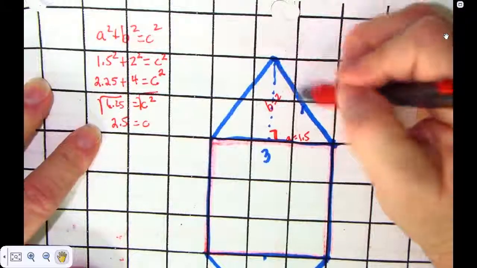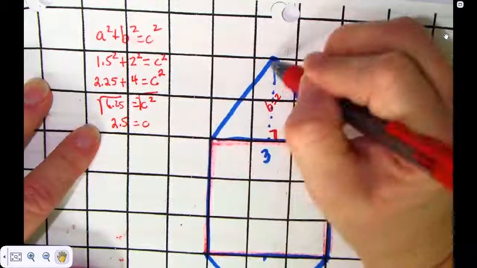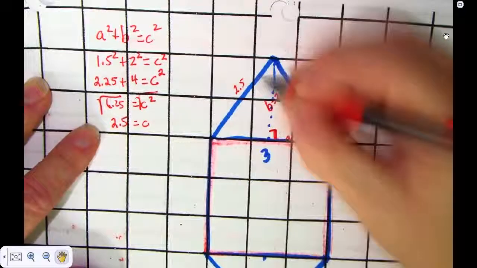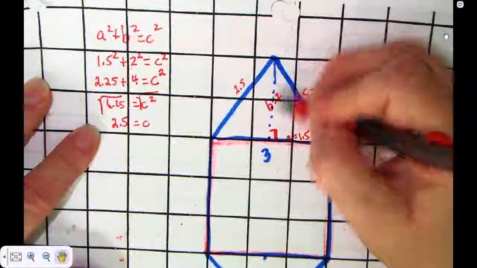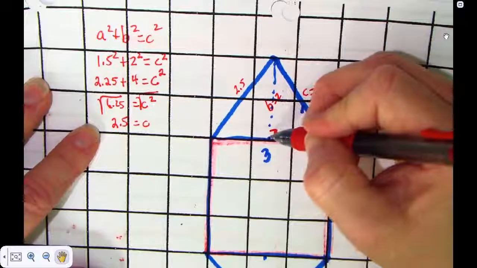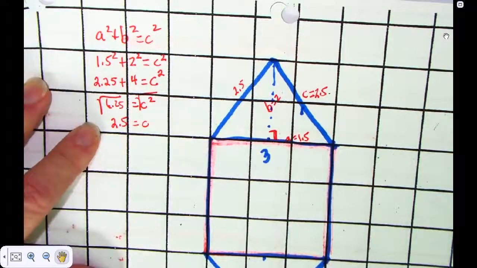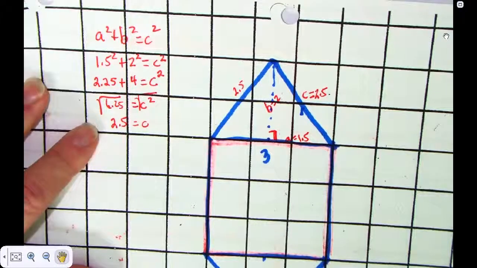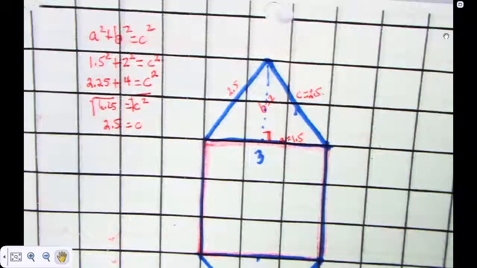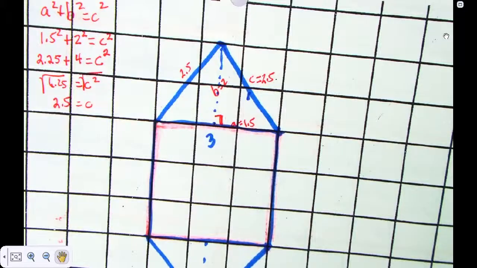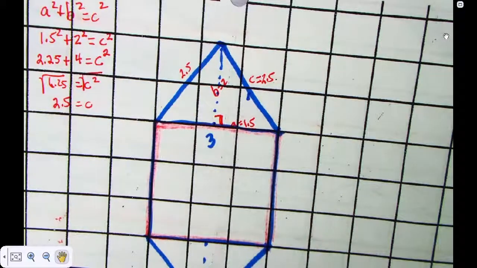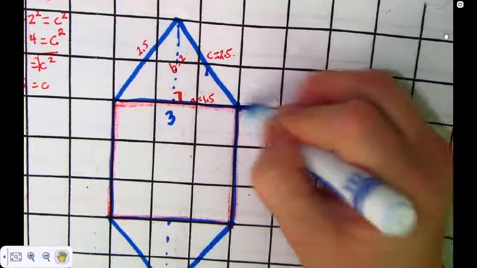If this is 2.5, what's this over here? 2.5. Because remember, we went from the center of the base. It's an isosceles triangle now. Good. So we good? Does everybody see what we did? So we're going to have to come over here, and we're going to have to make this side 2.5.